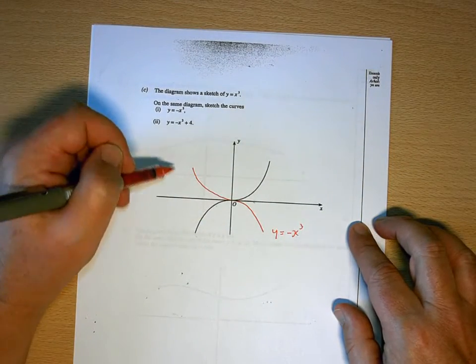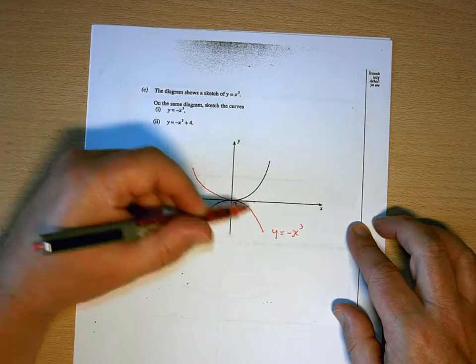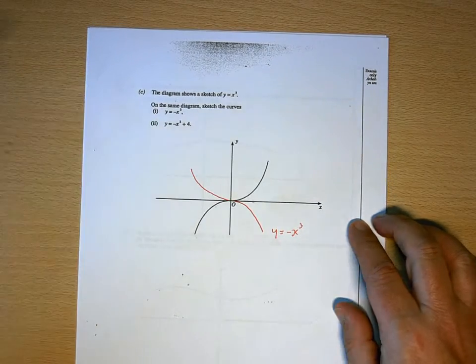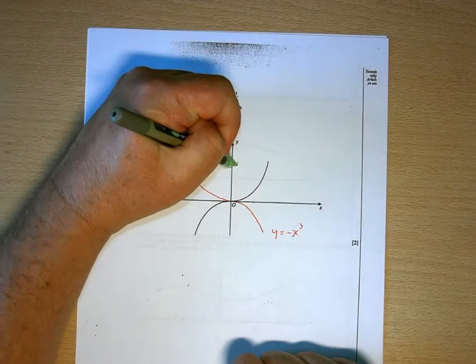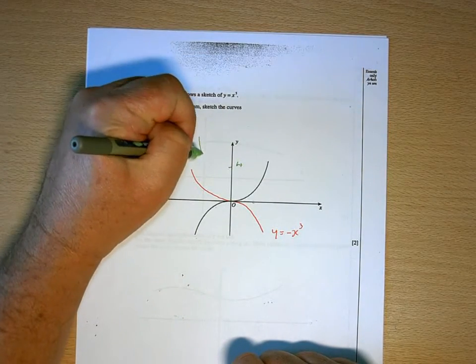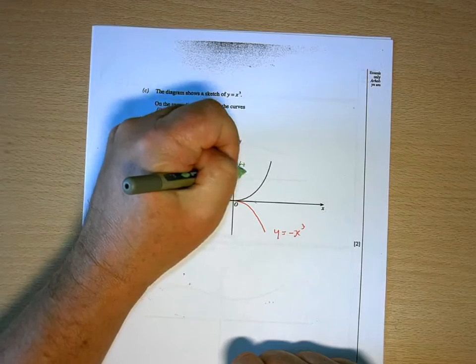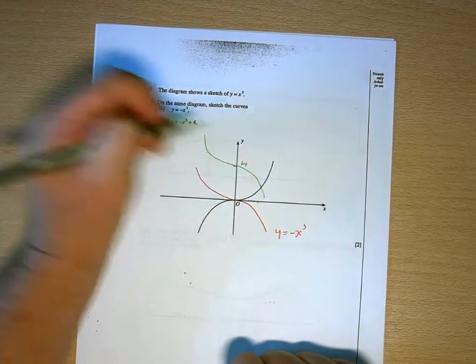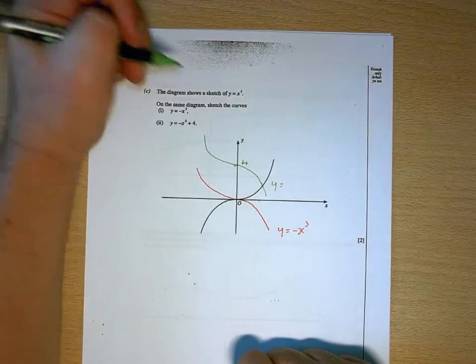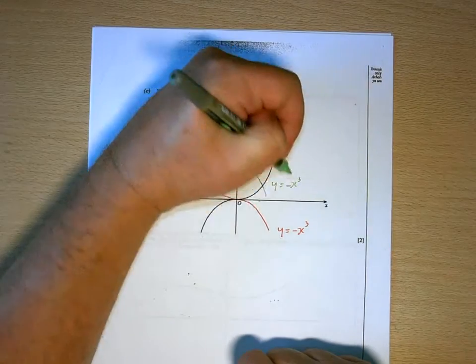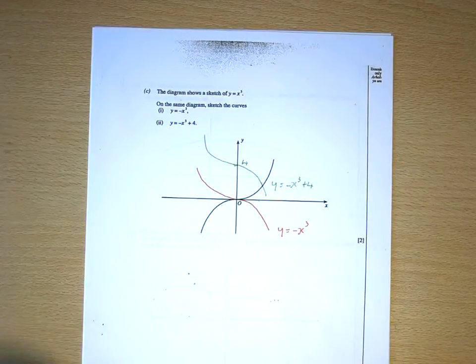Minus x cubed plus 4 is going to take that red curve and march it up the y-axis 4 units. So that would be y equals minus x cubed plus 4.